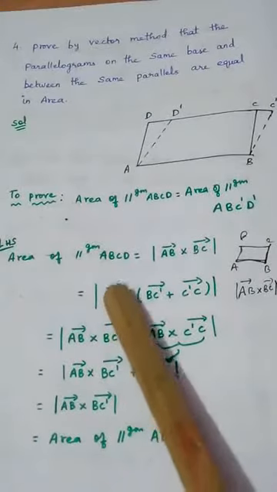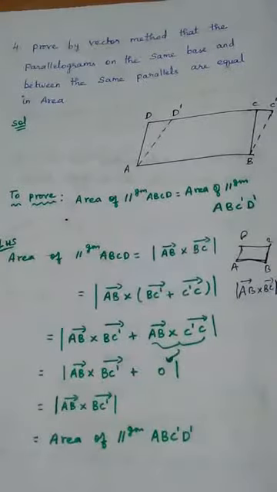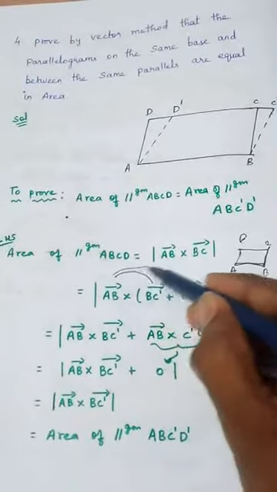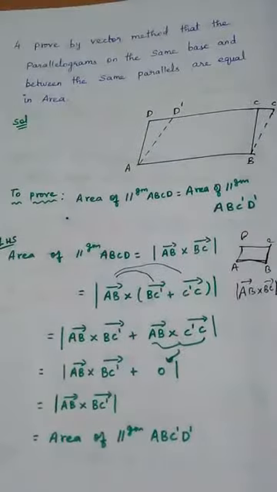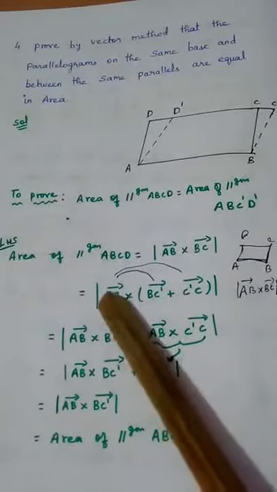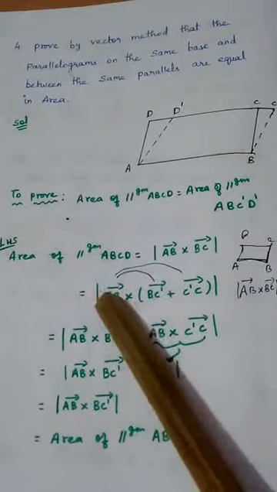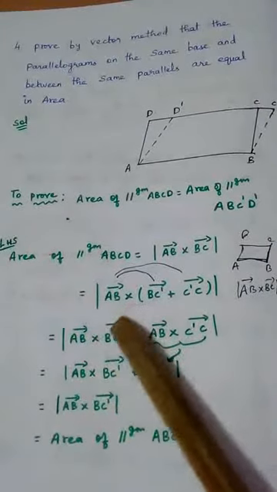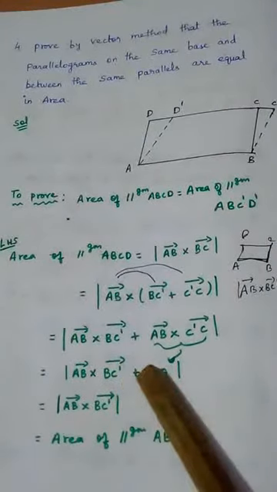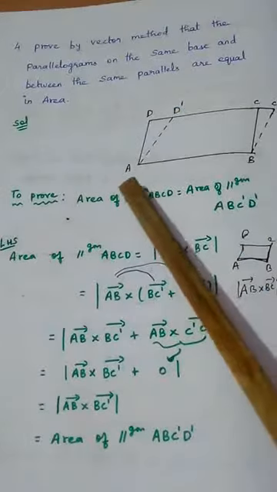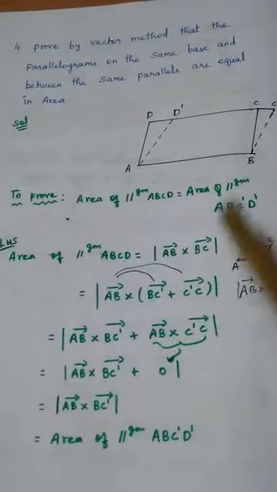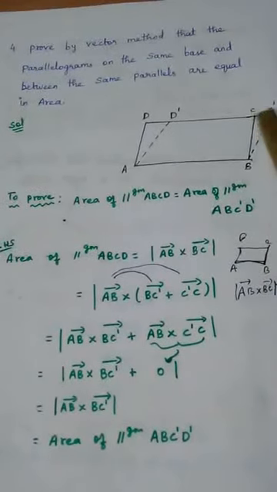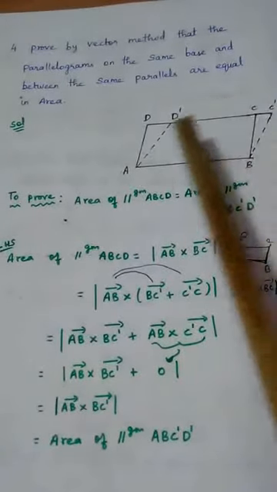Now take this AB inside the bracket. We get the next step: AB cross BC' plus AB cross C'C. If you see the diagram, AB and C'C are parallel.